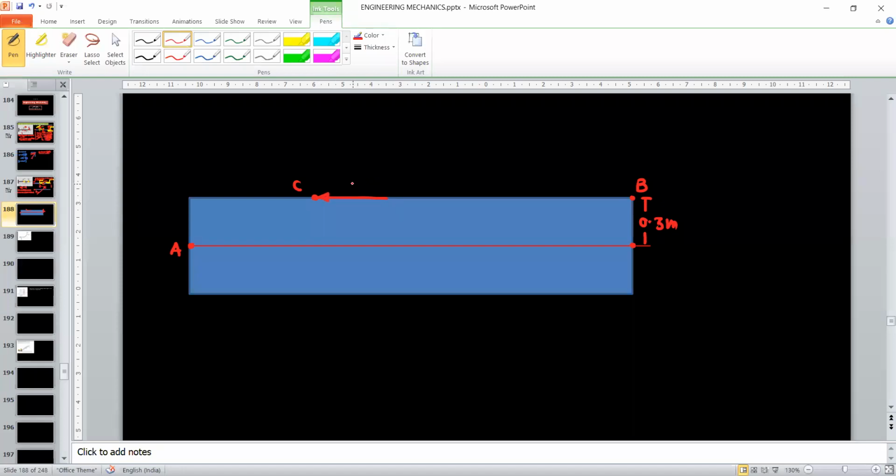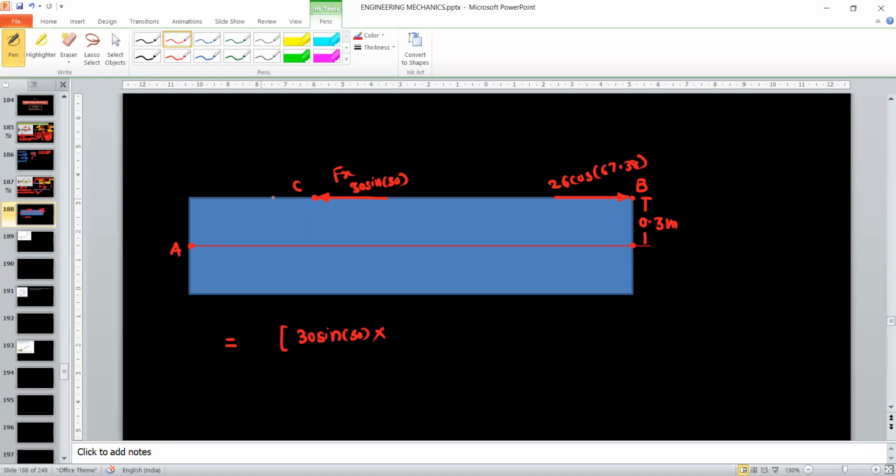This is the x component, and its magnitude is 30 sine 30. At this point we also have the x component of 26, which is 26 cos 67.38. Now for the first component, the Fx 30 sine 30, we should take the moment about A. This is the force, 30 sine 30, into the perpendicular distance.